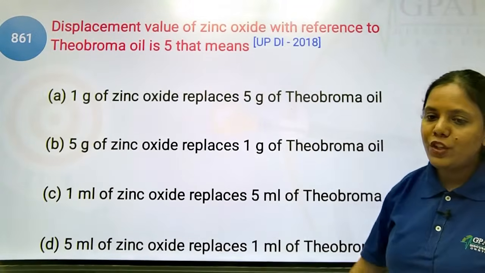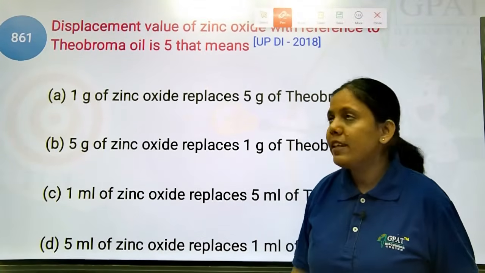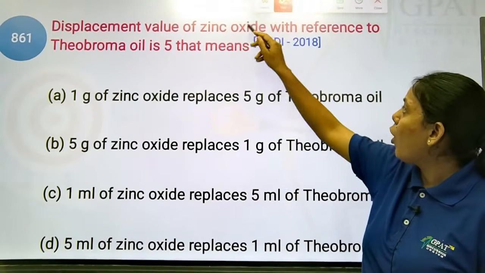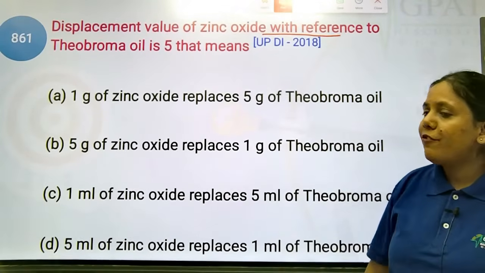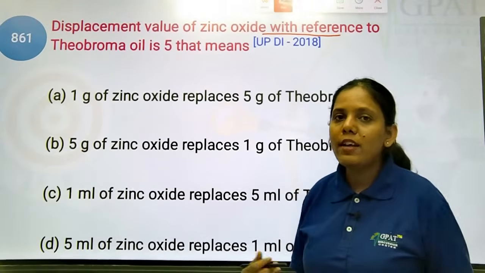Now, next question is about the displacement value. Now, one statement is given as displacement value of zinc oxide with reference to oil is 5. What does it mean?